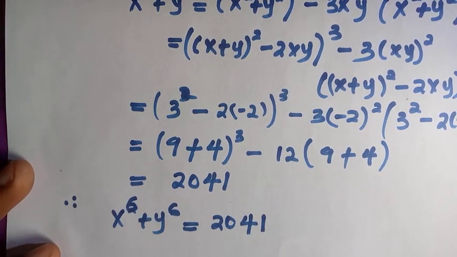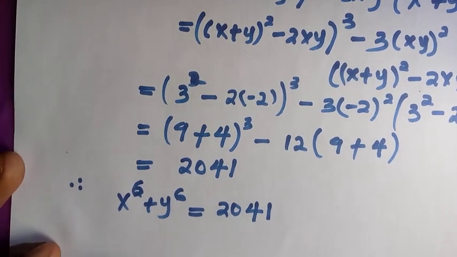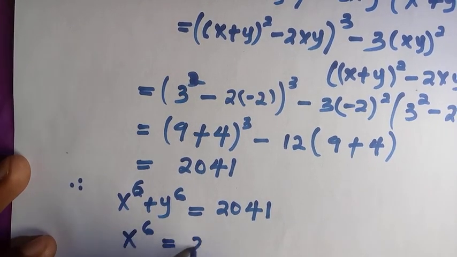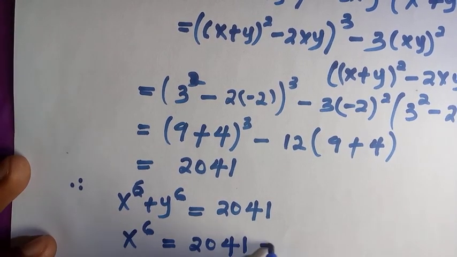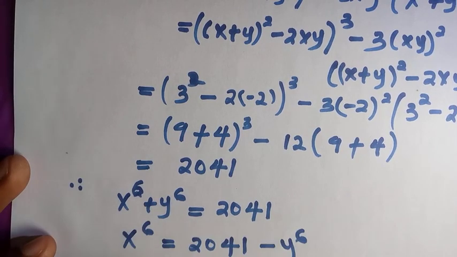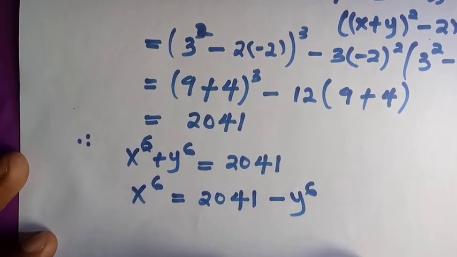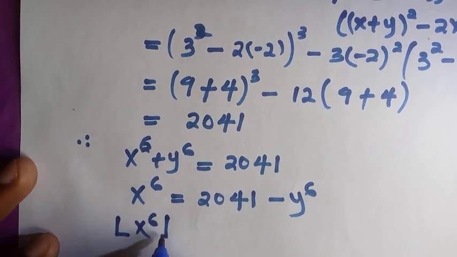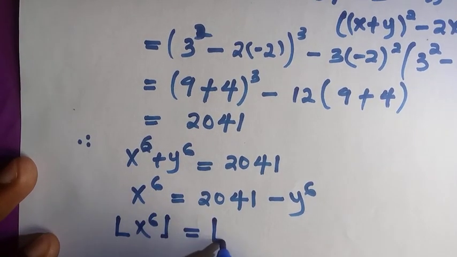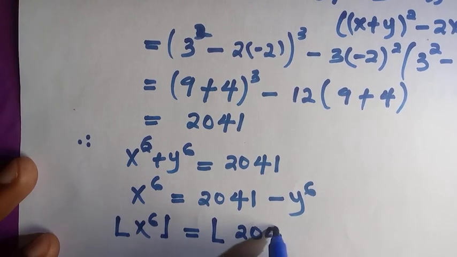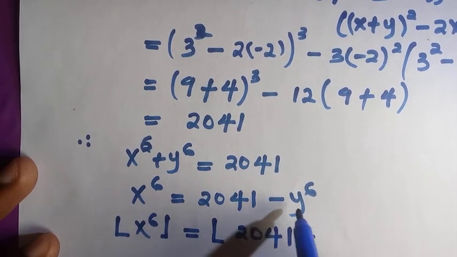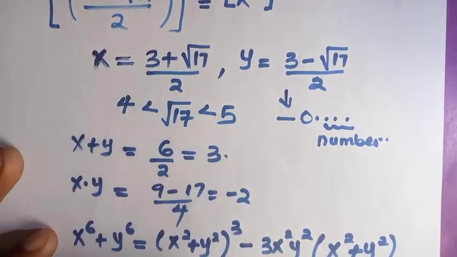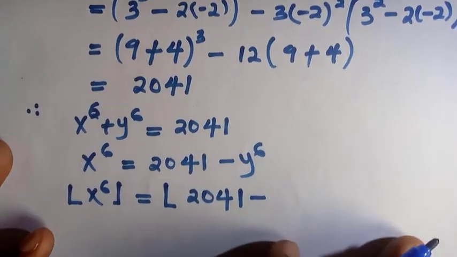And we are looking for the floor function of x raised to the power of 6. By transferring y to the other side, we have 2041 minus y raised to the power of 6. We cannot leave this since it is not in the bracket we are given. So we have the floor of x raised to the power of 6 equals the floor of 2041 minus y raised to the power 6, which is negative 0 point something.